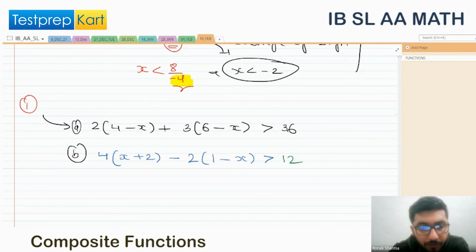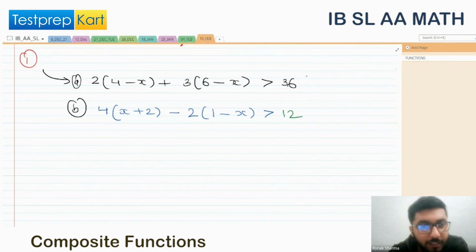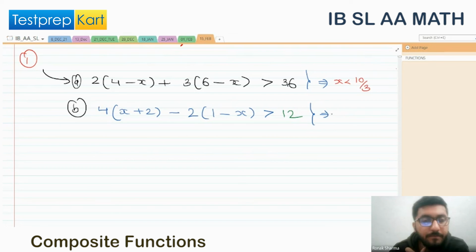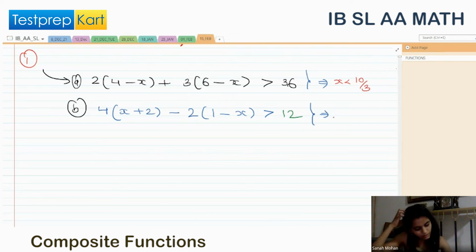What are you getting as the answer for the first question? I got x is less than 10 over 3. And then I got x is greater than 1.